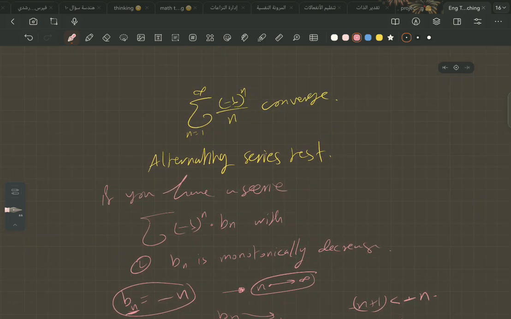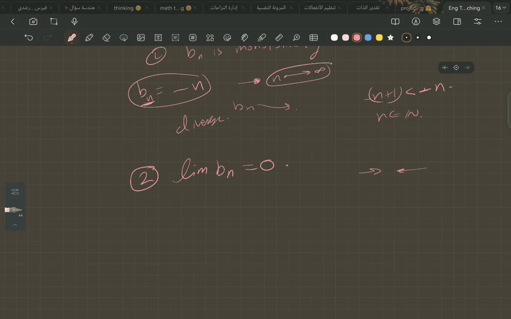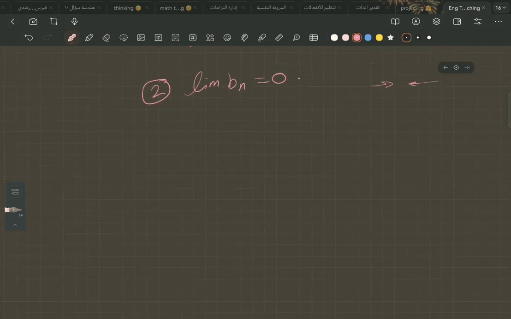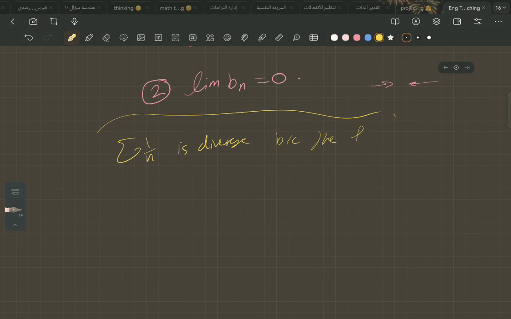Let's use it in our problem. You might notice that the sum of 1 over n diverges, because it's a harmonic series.